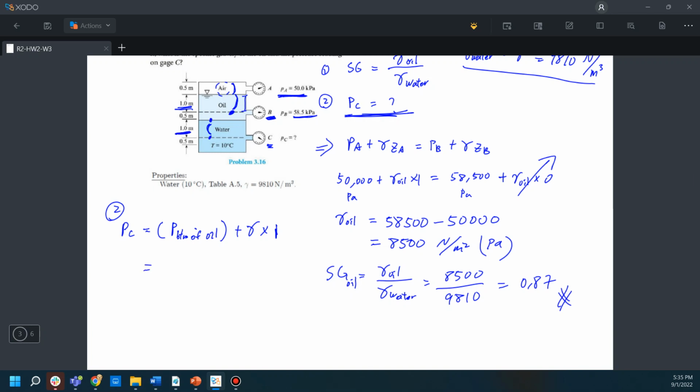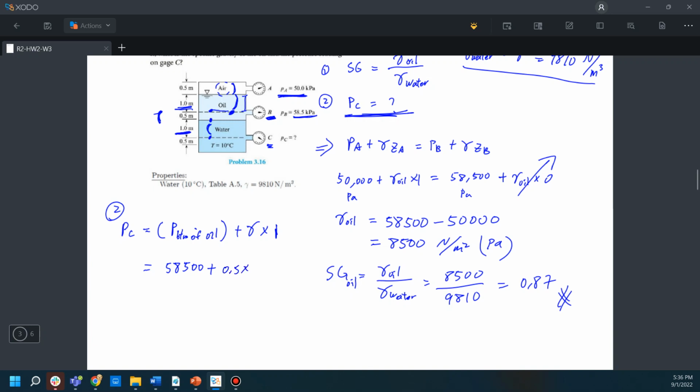And the pressure at the bottom of the oil is the pressure at this height here, which is 58,500, plus the pressure contributed by the 0.5 meter distance.